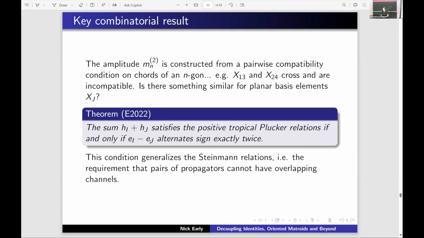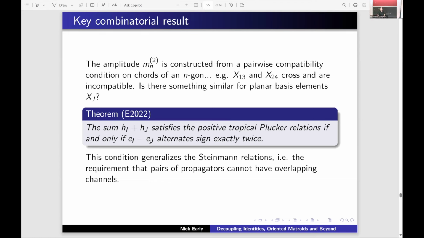So for the planar phi cubed amplitude, Feynman diagrams are in bijection with triangulations of an n-gon. And triangulations of an n-gon have a nice enumeration in terms of the Catalan numbers: 2, 5, 14, 42, 132.